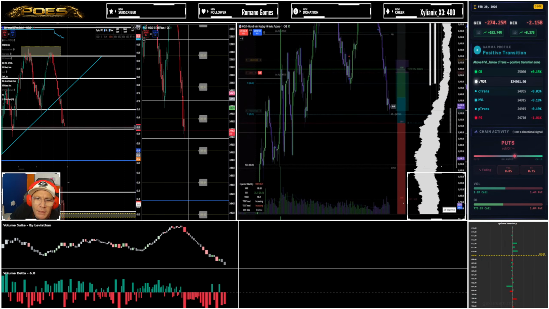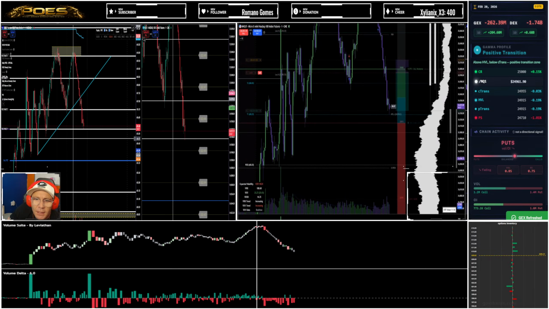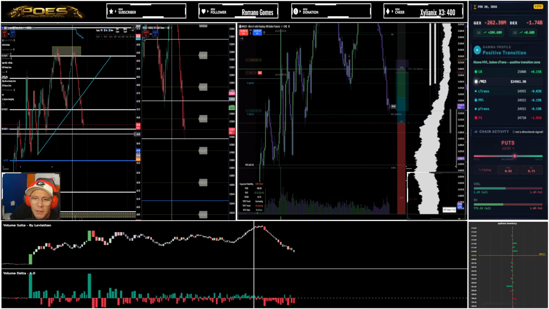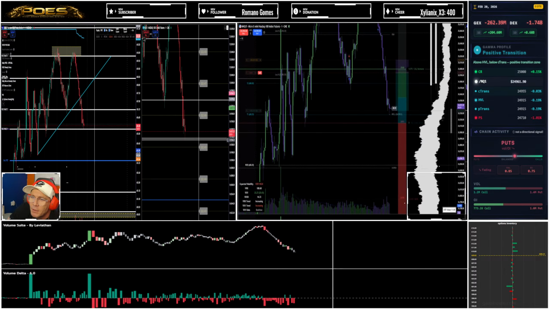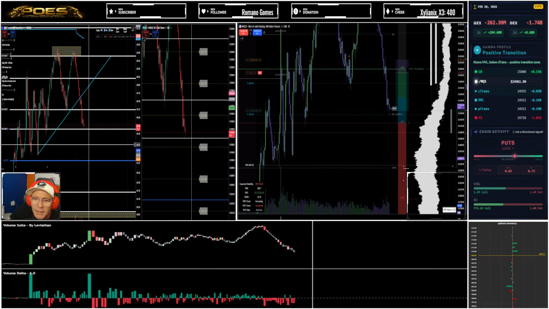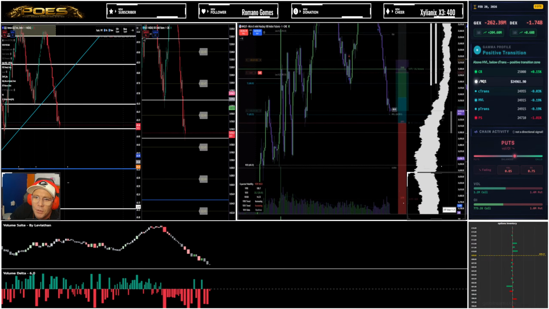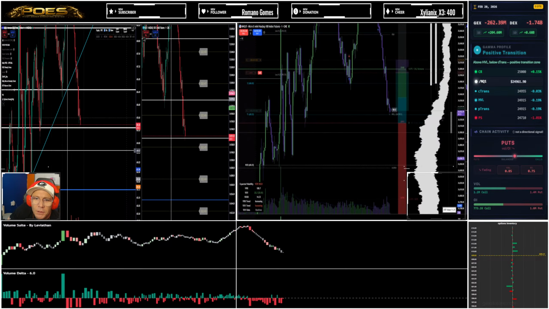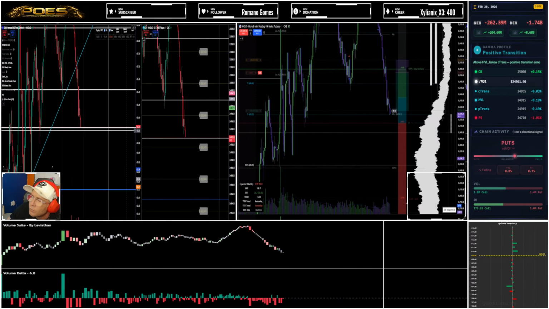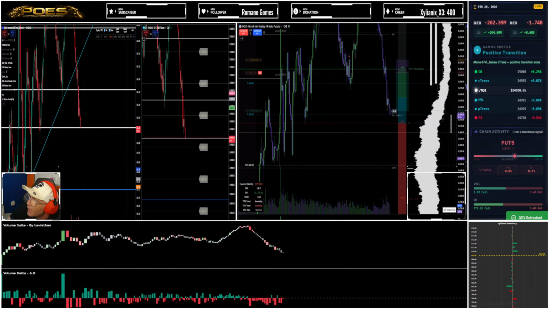But we are at this level, so I'm just tucked just below here. I'm actually in these wicks. Not what I want to see for my positions. This is a hit and hope, based purely on my push levels. So, oof, breaking through. Yeah, I'm gonna get ripped out of this sucker pretty quickly.